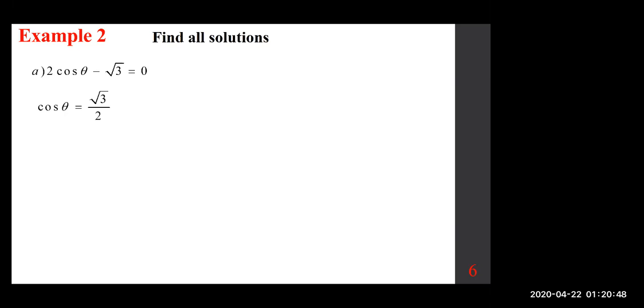Theta equals what? Pi over 6 is the answer. Quadrant 1. And then we have one more. So pi over 6 is your reference arc. Cosine is positive in the first quadrant, pi over 6. Also in which quadrant?